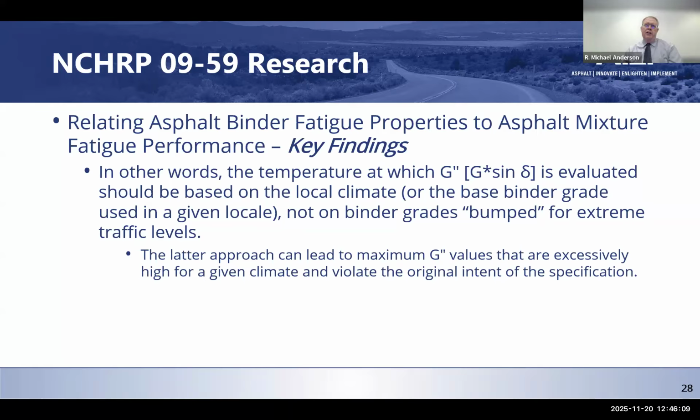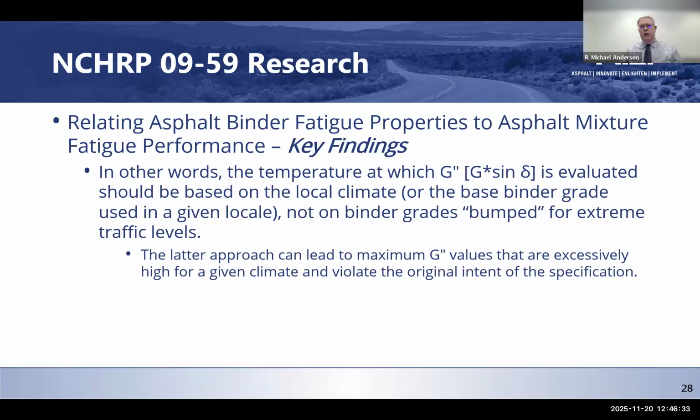If you're looking at it in terms of a specification, if you're looking at it in terms of what's going to happen when you've got the combined blend out on the roadway, then maybe you're going to look at those combined properties and see where those are going to end up. If you're just looking at it within a binder specification, then I don't think that you're going to necessarily need to change anything.